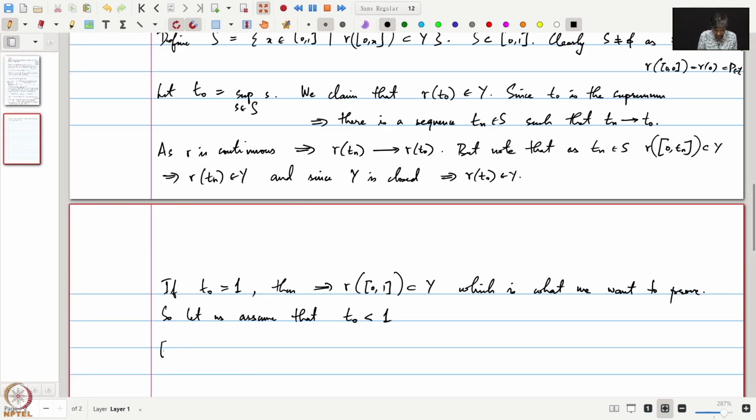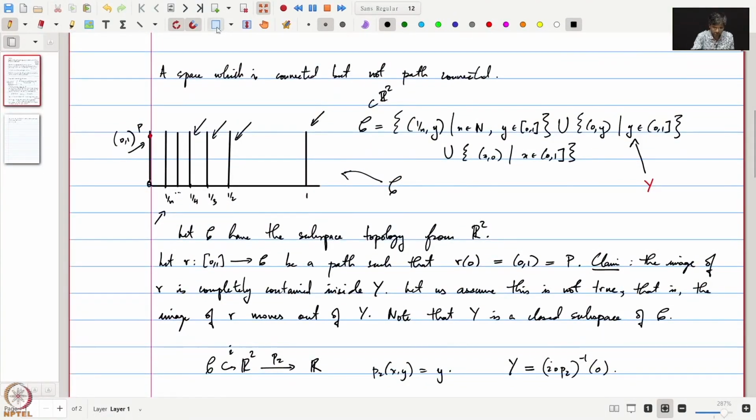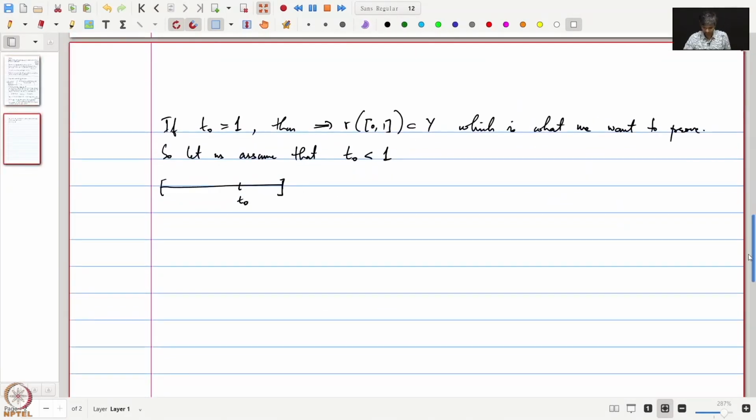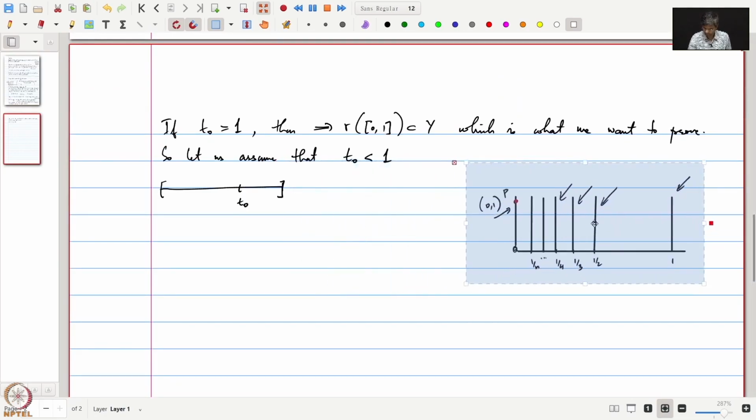So we have this interval [0,1] and T naught is somewhere over here. Let's just copy this diagram, and this is our gamma.